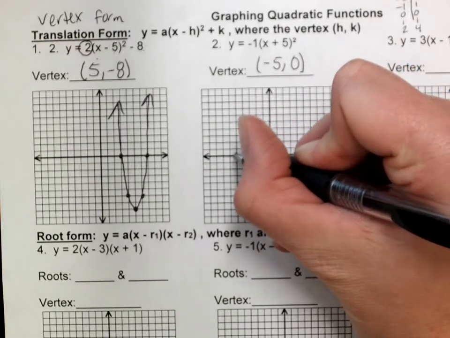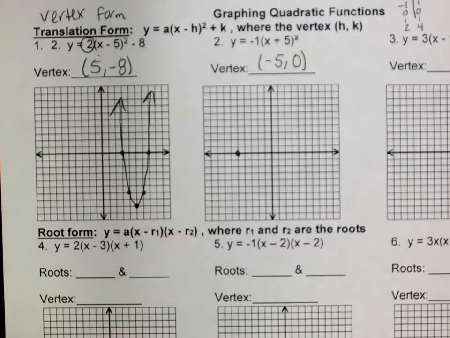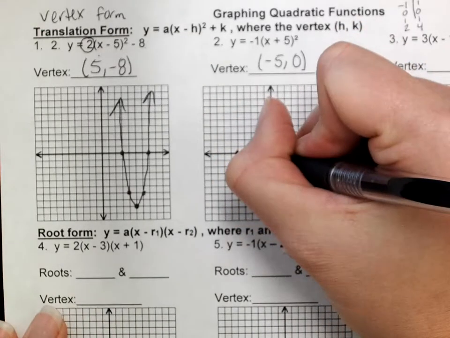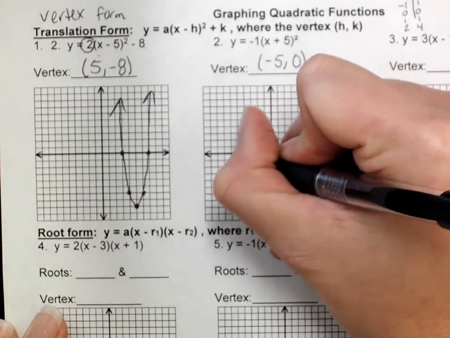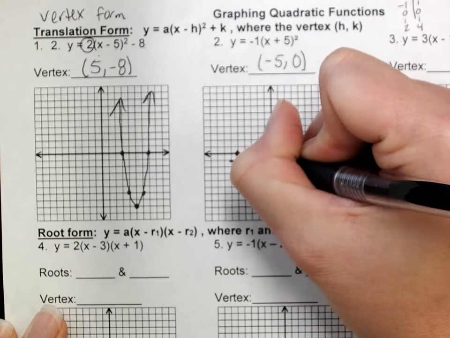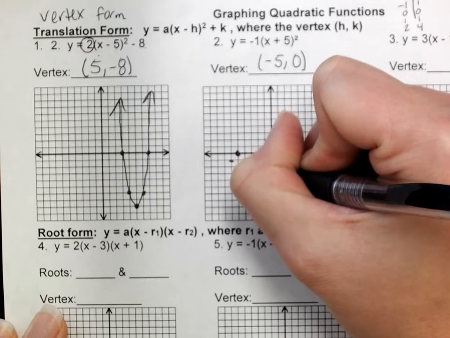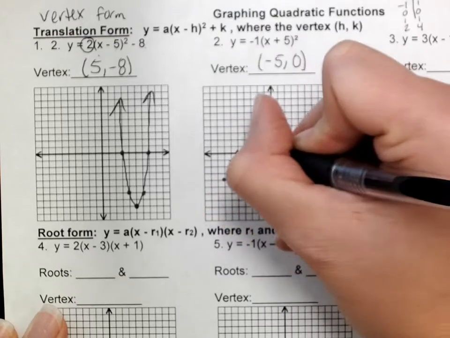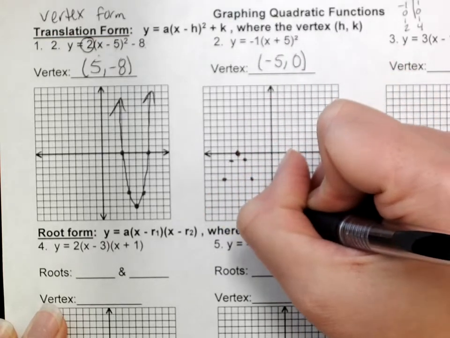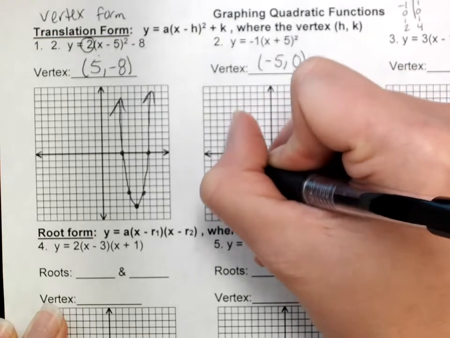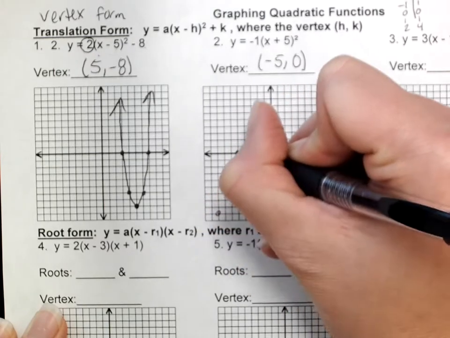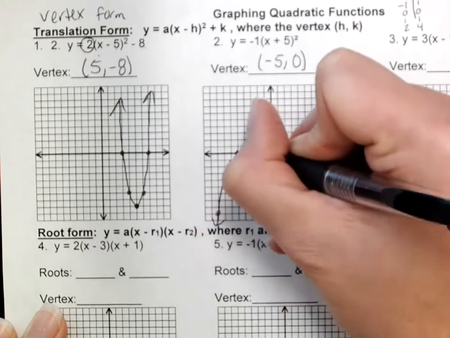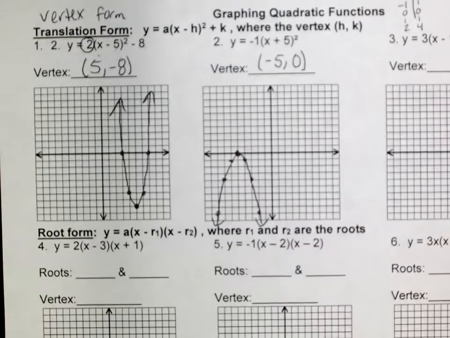Put a dot. From there, remember the negative 1 in front is a reflection. So normally we would go over 1 and up 1. Since it's reflected, we're going to go over 1 and down 1, over 2 and down 4. And then remember, if we wanted to do one more set of points, it would be 3, 9, because 3 squared is 9. And there's my graph. Okay.